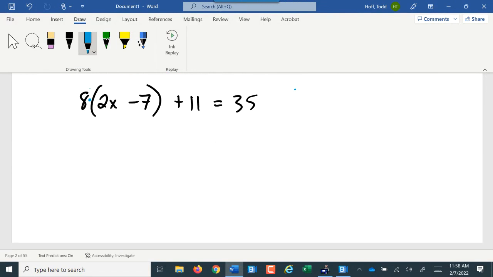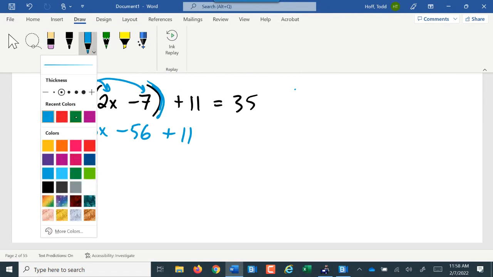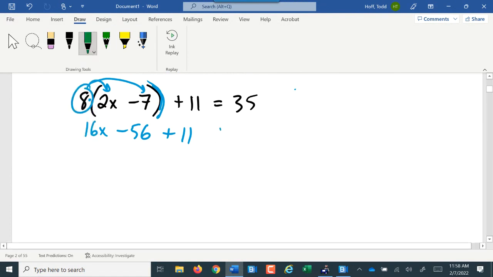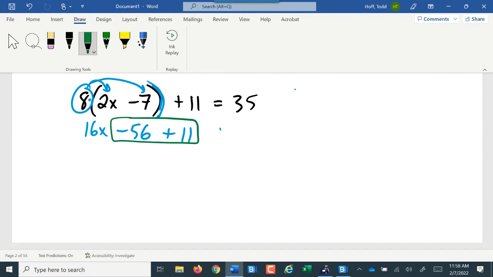So let's do that. 8 times the 2x, 16x. 8 times the negative 7 is a negative 56. Now the parentheses end here, so the 11 is not multiplied. The 11 is just going to stay as it is. I'm going to keep combining on the left side because I have a negative 56 and a positive 11.